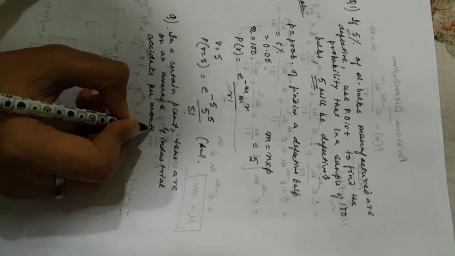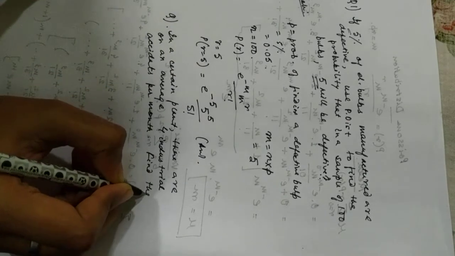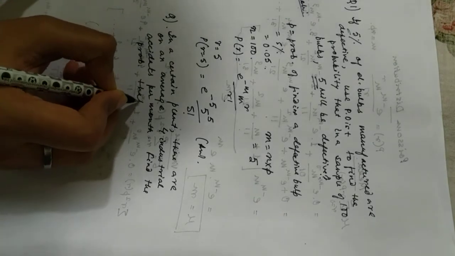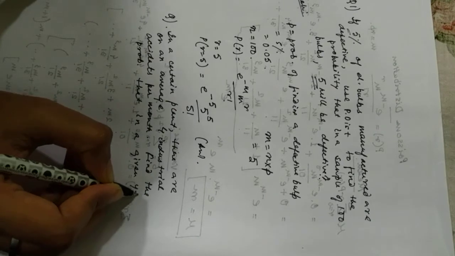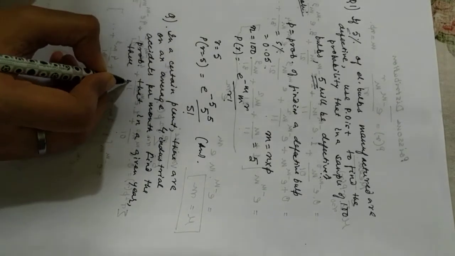Find the probability that in a given year there will be 2 accidents.